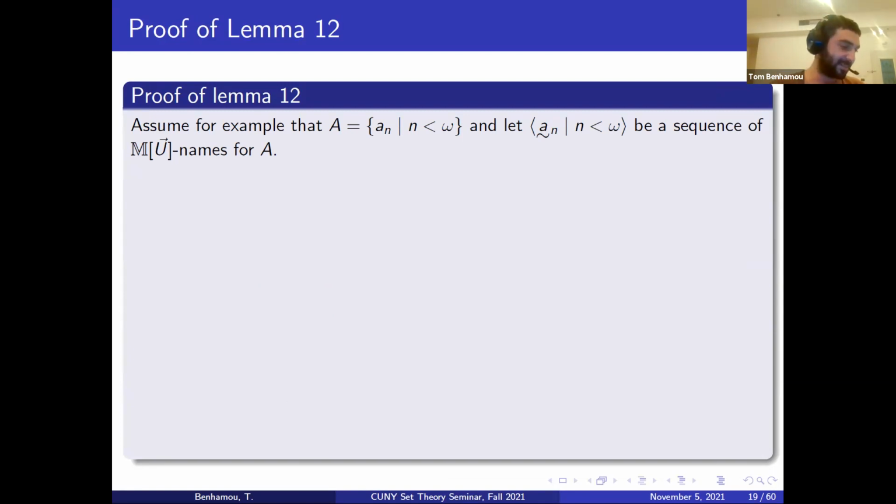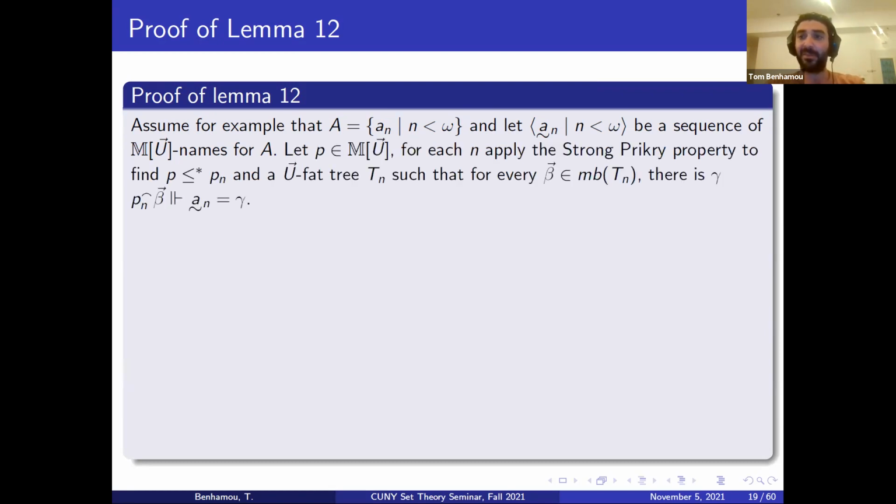The general case won't be exactly the same, but this is the major idea, and I think it would be clear from this case. Let us fix a sequence of MU names for this set A, which we call A tilde n, n less than omega.